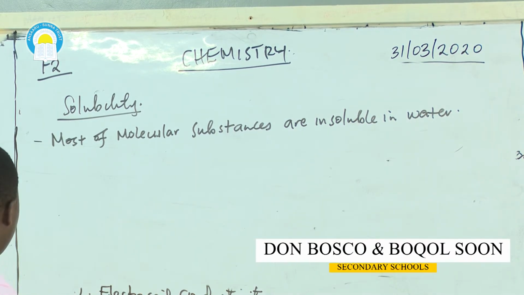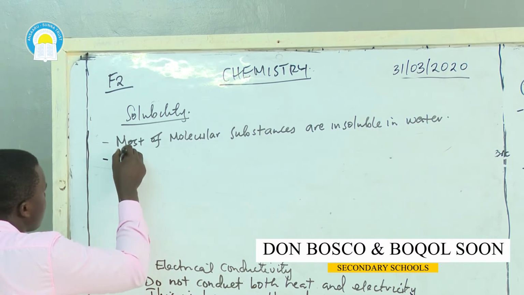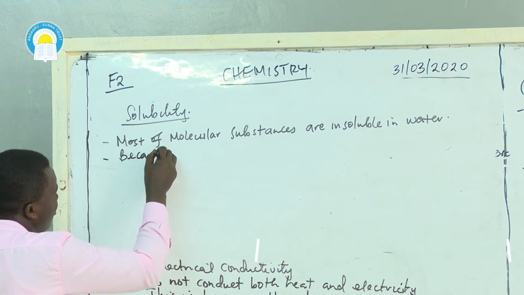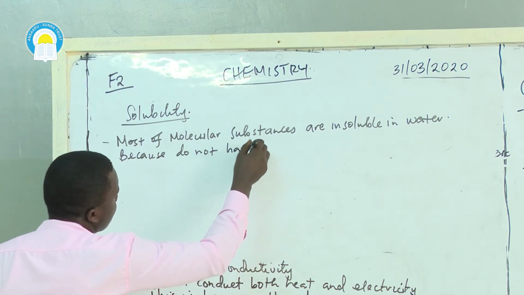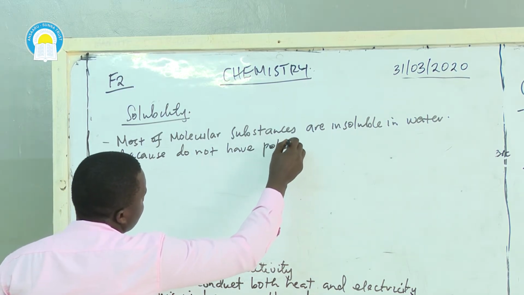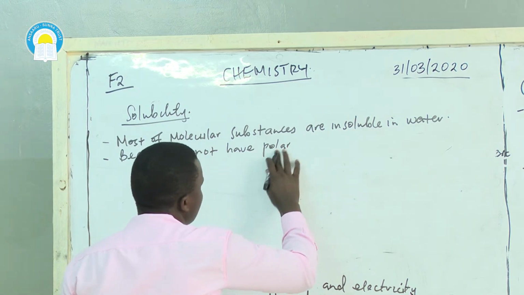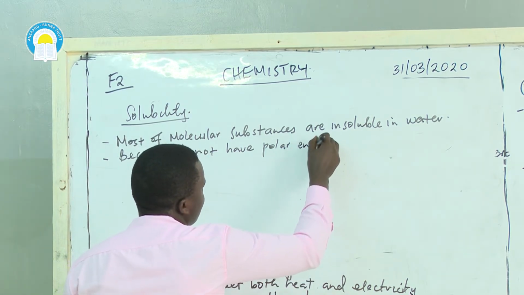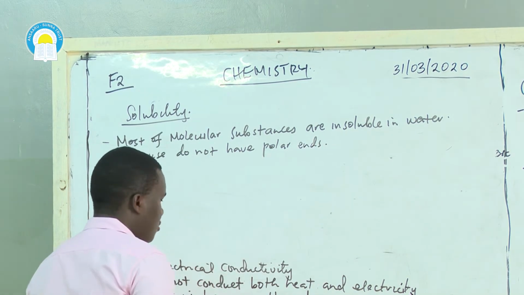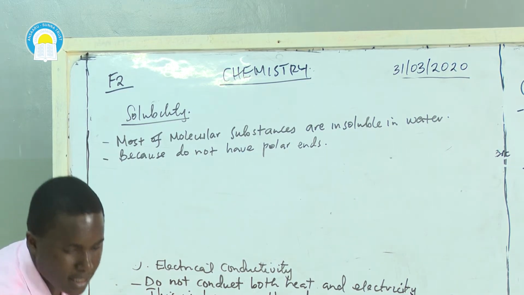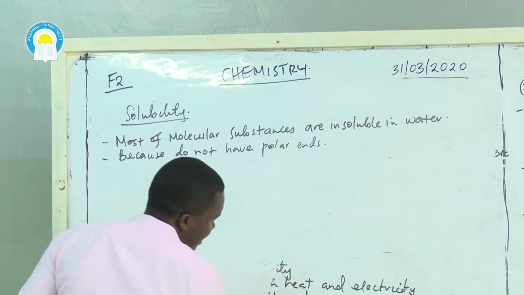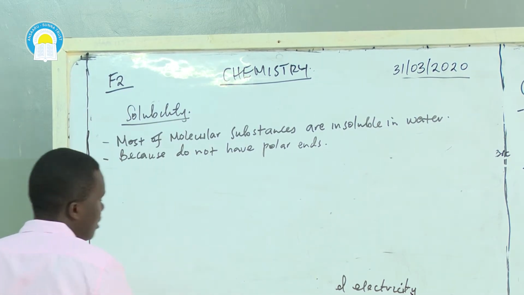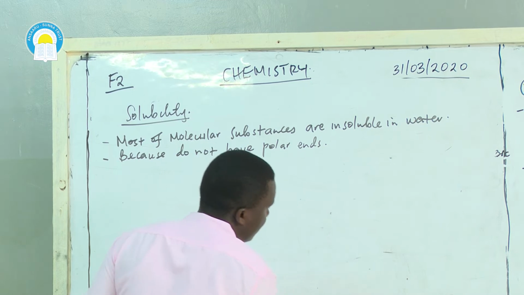Because they do not have polar ends. Which means they do not have the charged ends like ionic compounds, which have charges that can be hydrolyzed, that can dissolve in water.